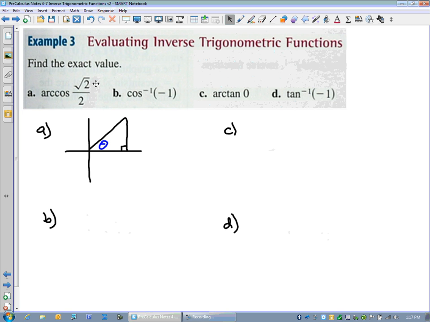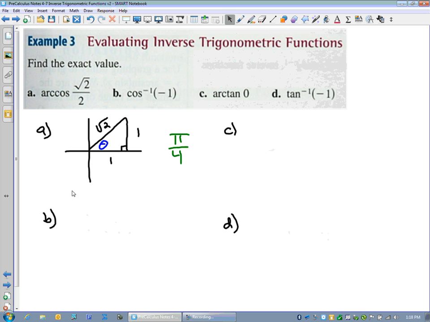Hopefully you recognize that square root of 2 over 2 is the same thing as 1 over the square root of 2 after it's been rationalized, which makes it easier to say that adjacent over hypotenuse is 1 over the square root of 2. And then you recognize that this is a 1, 1, root 2, which is a 45, 45, 90. And therefore our theta is 45 degrees, but in radians, because our answer does have to be in radians, it would be pi over 4. So the arc cosine of root 2 over 2 is pi over 4. The angle whose cosine is root 2 over 2 is pi over 4.